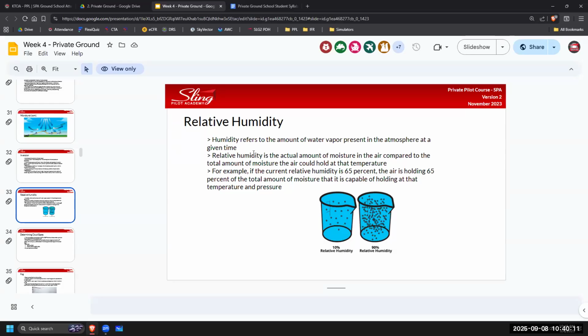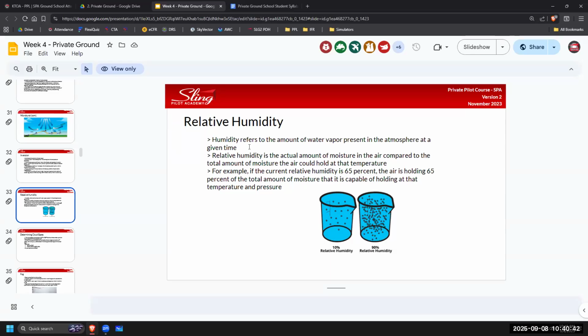So relative humidity specifically is the actual amount of moisture in the air compared to how much moisture the temperature could hold. So they have an example. If the current relative humidity is 65%, the air is holding 65% of the total moisture that it's capable of holding at that specific temperature and pressure. Does that make sense? It's like a cup.